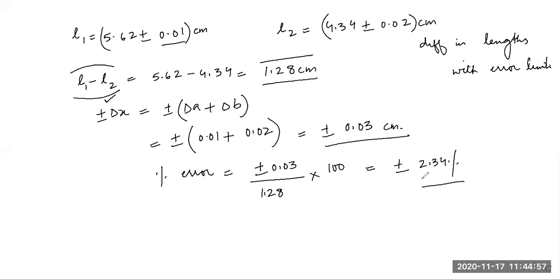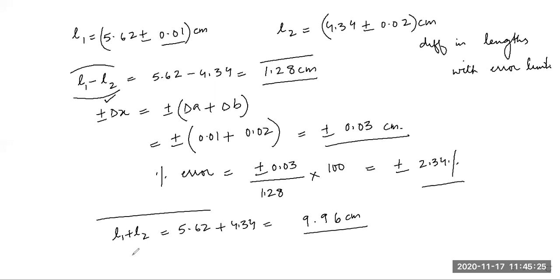Students, it's very important to note, suppose he had asked to add the lengths and then find the resulting error. So can we quickly do that also? So now L1 plus L2 will be 5.62 plus 4.34. So that will be equal to 4 plus 2, 6, 6 plus 3, 9, 0.5 plus 4, 9, 9.96 centimeter.